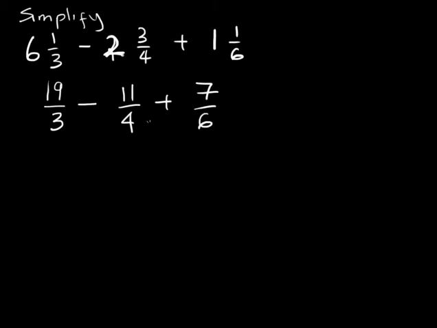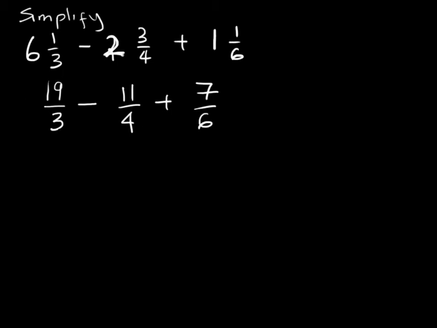All right, so we're dealing with addition and subtraction here. The rule says all our denominators must be the same. So we need to look for a number such that it goes through 3, 4, and 6.